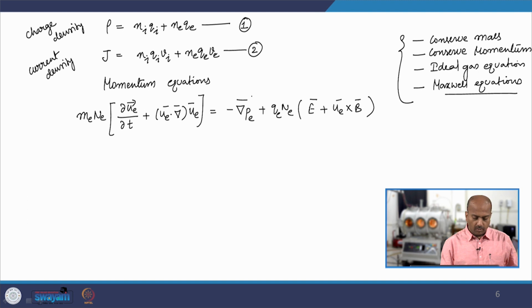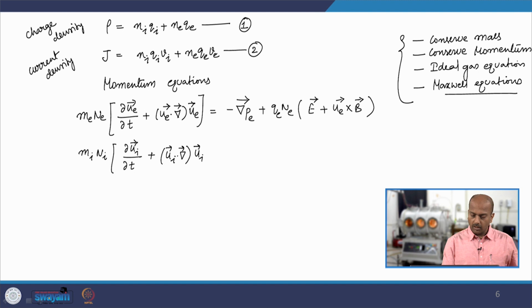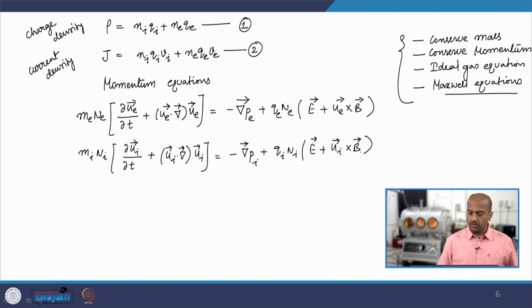Then we have to write a similar equation for an ion. So, we will write Mi Ni dou Ui by dou T plus Ui dot del times Ui, the advection term, equals minus del Pi, the pressure force, plus Qi Ni (E plus Ui cross B).